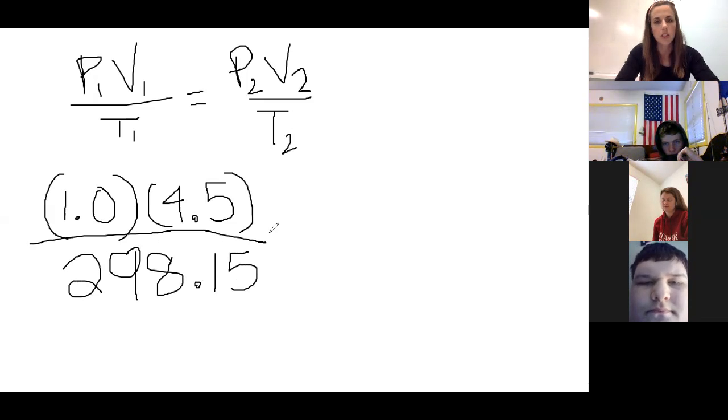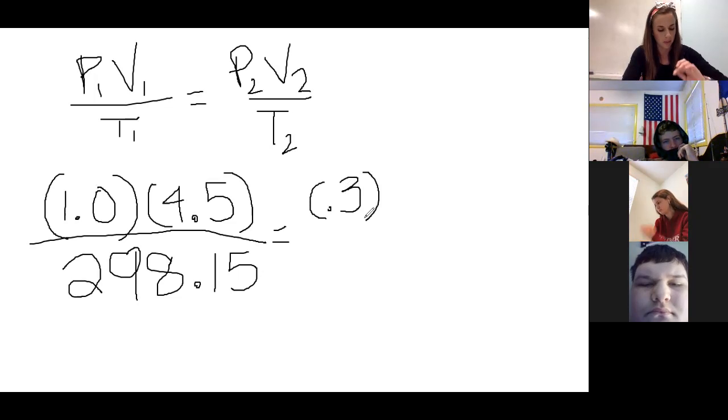So I have my conditions before the balloon is launched. Now I'm gonna fill in my conditions after the balloon is launched. So what is our new pressure? 0.3 atmospheres.